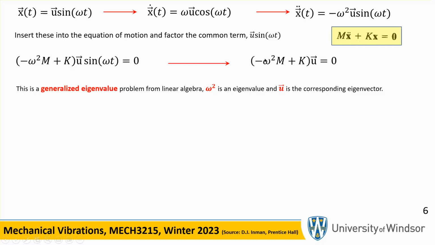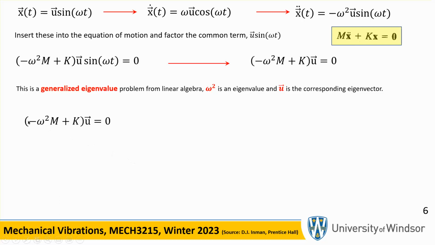Well, this is almost like that. Okay, this is not A, this is not I, but it's almost like that. This is why it's called a generalized eigenvalue problem. This omega squared plays the role of your eigenvalue, and u bar plays the role of your eigenvector. Okay? Later on, we're going to call u bar a mode shape. But anyway, let's not worry about that.